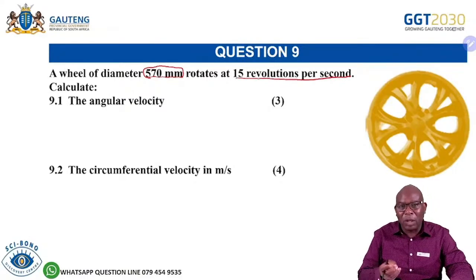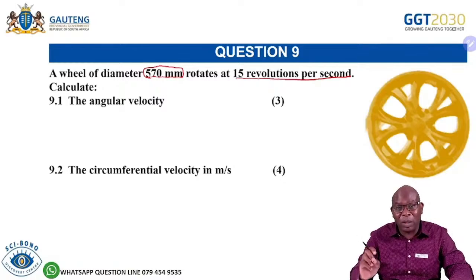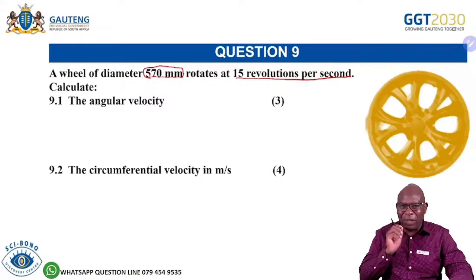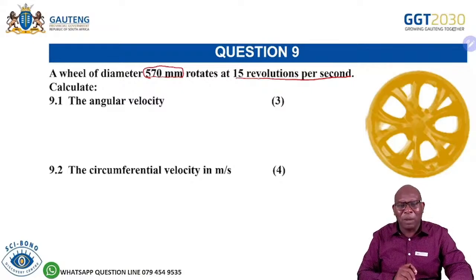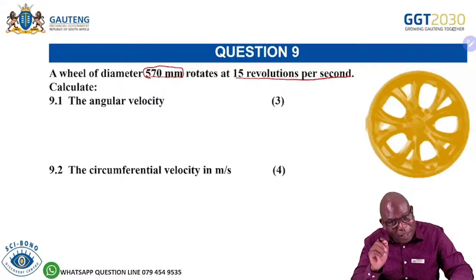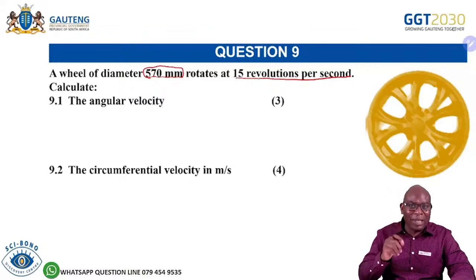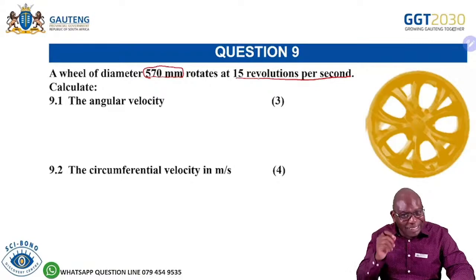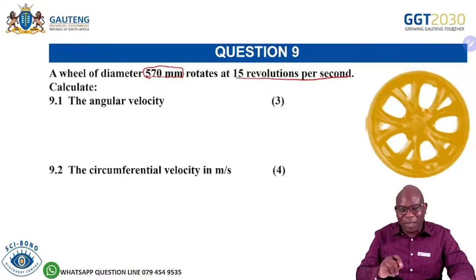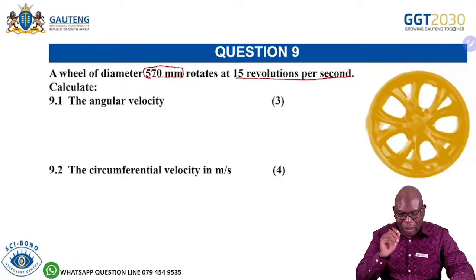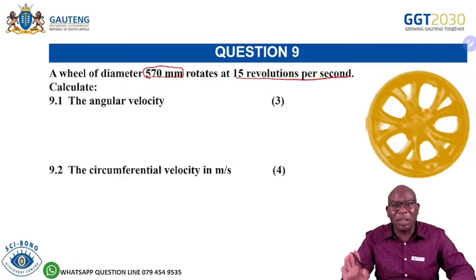Sometimes they'll say per minute and they want it per second. That's why we miss marks, because we don't convert and we don't read. Pay attention to what you're reading, and you can read the question twice so that you understand.